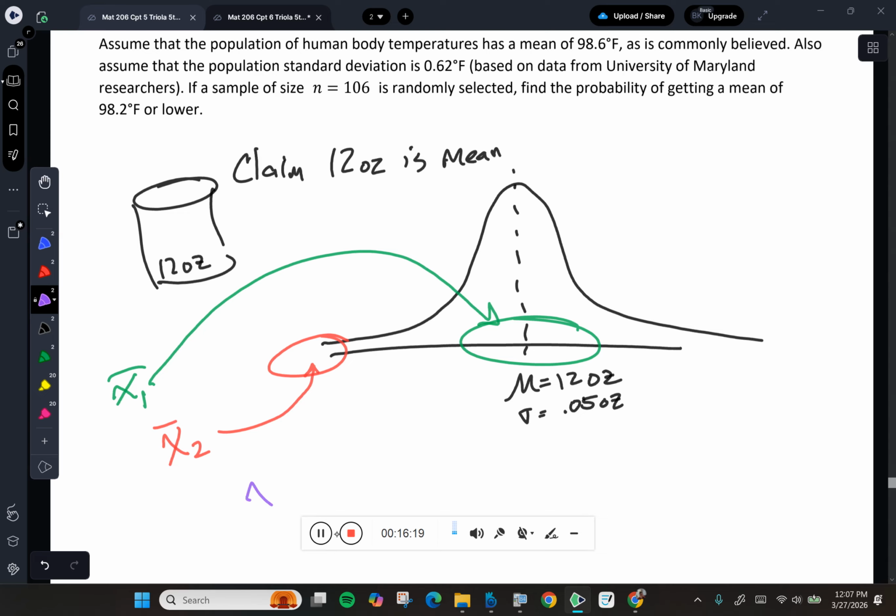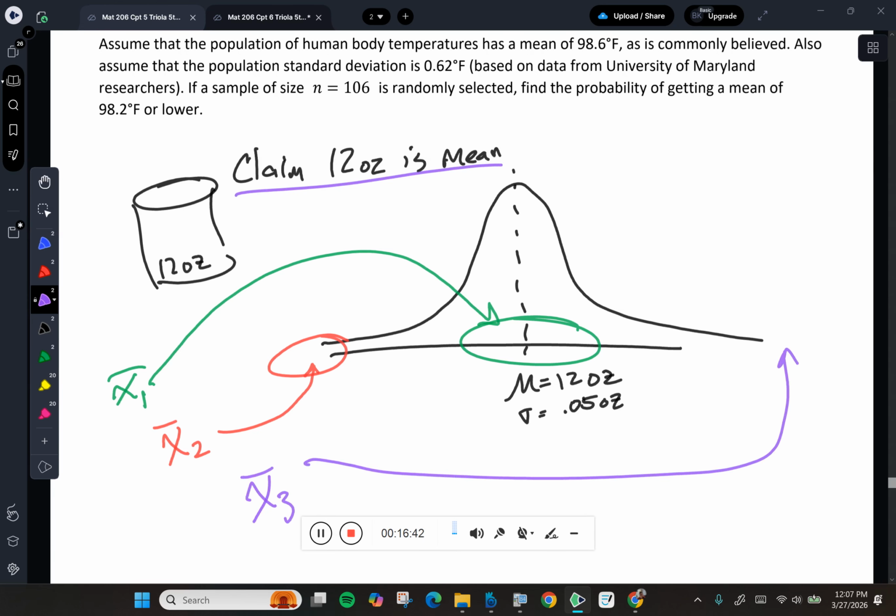Or what if I did it again and I got something way out here? If the probability of that amount of soda as a mean showing up in the cans was low enough, then I might be able to say, I don't think this machine is actually putting 12 ounces in a can, and that the claim of 12 ounces is actually wrong.